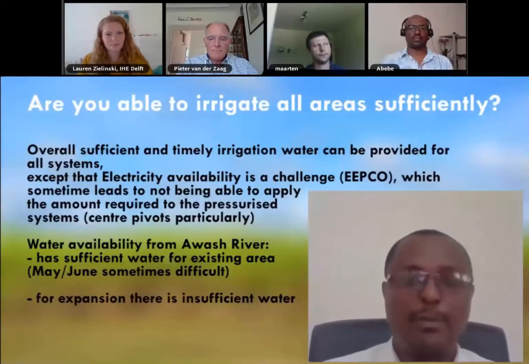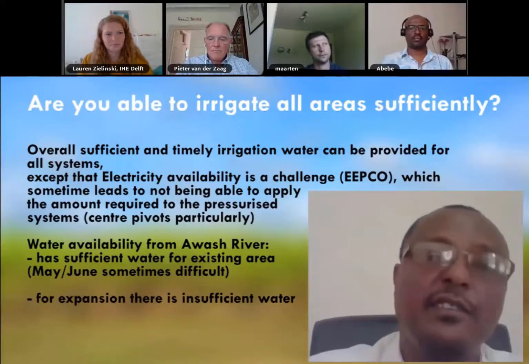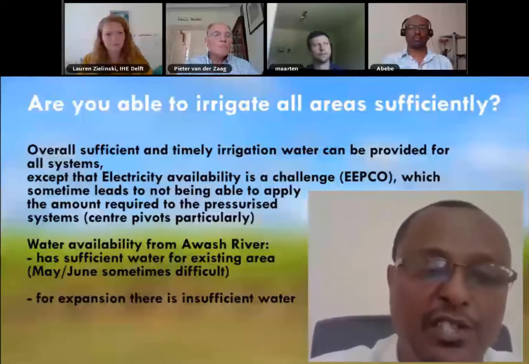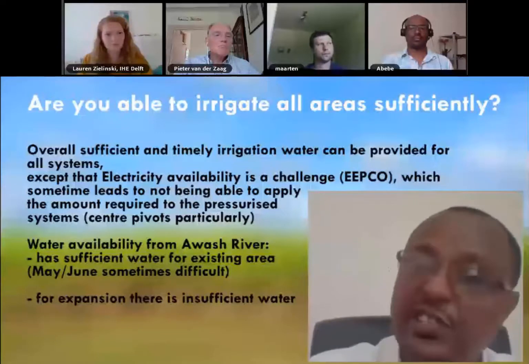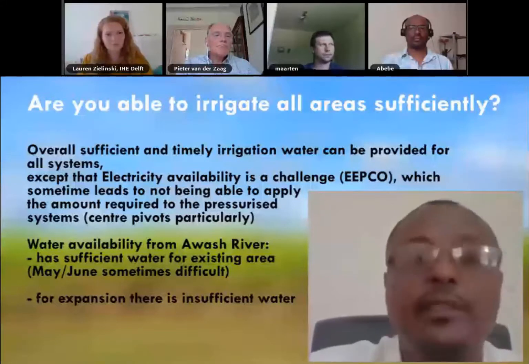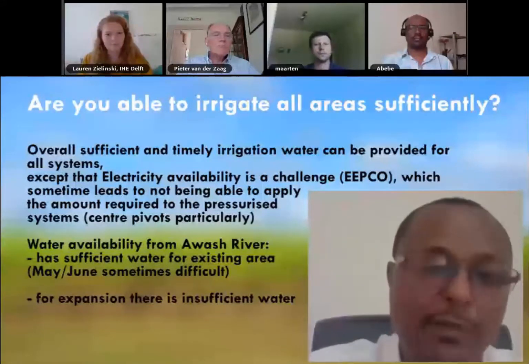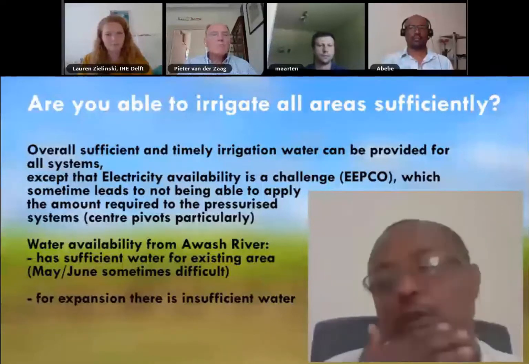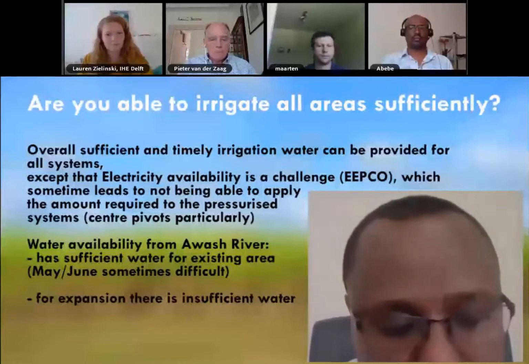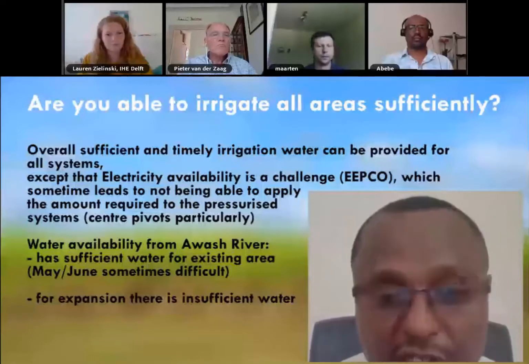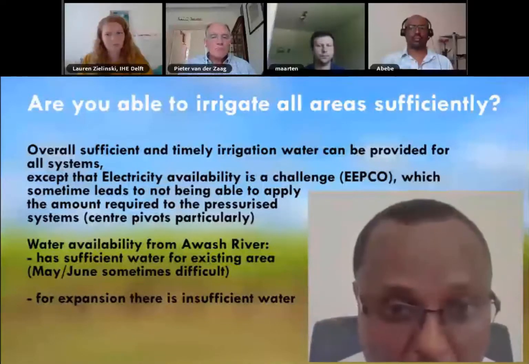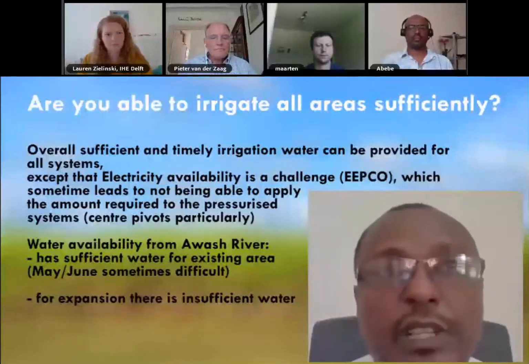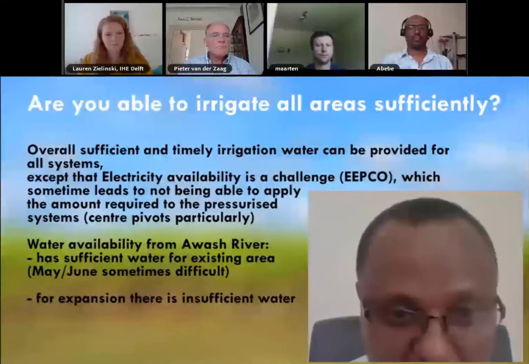Regarding water application, there is no difference in any irrigation system. Let's come to these state-owned systems. We can apply the water timely and in the required amount, and also in pressurized irrigation systems. The only problem is the availability of electricity.